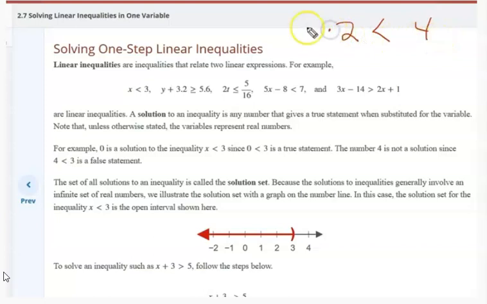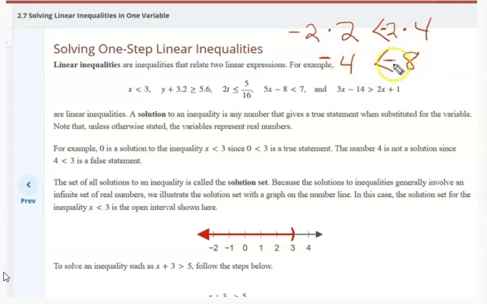Now, if we multiply this side by 2 and this side by 2, we get 4 is less than 8, and that's a true statement. But if in an inequality we multiply one side and of course the other by the same, a -2, watch what happens. Here this becomes a -4, and this becomes a -8. Now, is -4 less than -8? And the answer is no, that's not true.